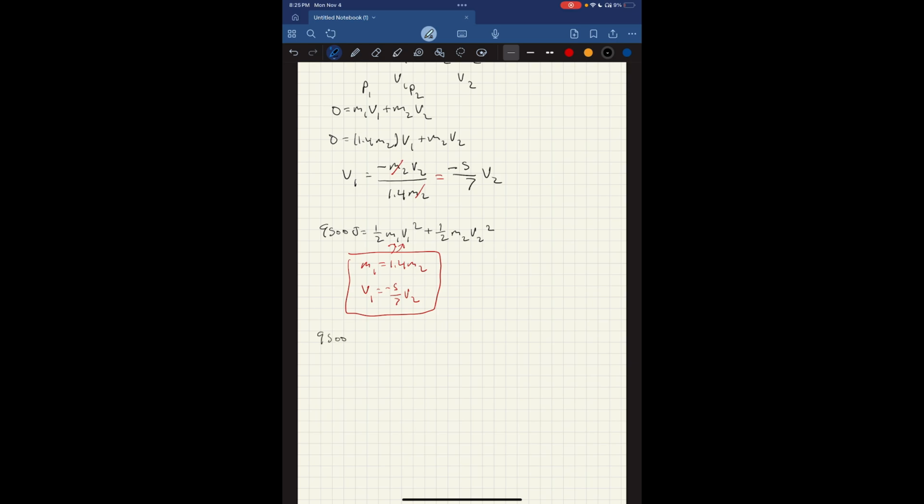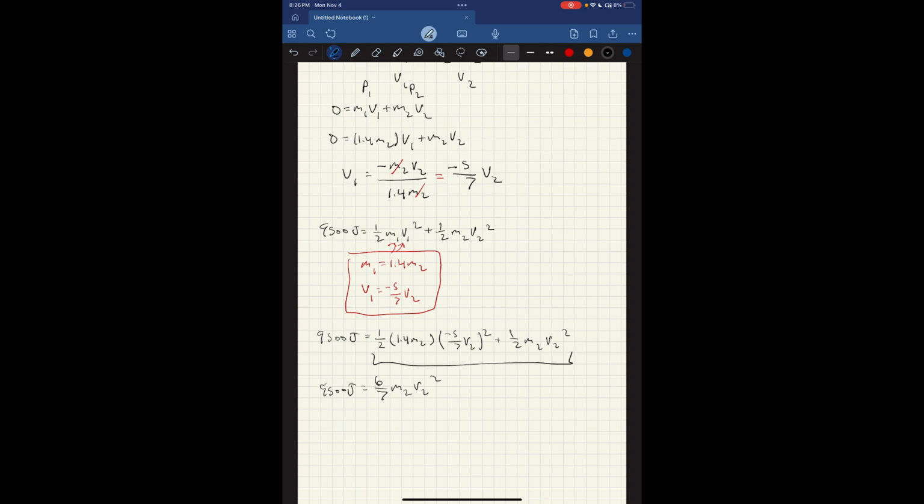If we do that, we have 9,500 joules is equal to 1/2 times 1.4 m2 times negative 5 over 7 v2 squared, plus 1/2 m2 v2 squared. Simplifying the right side of the equation, we get something like 6 over 7 m2 v2 squared.